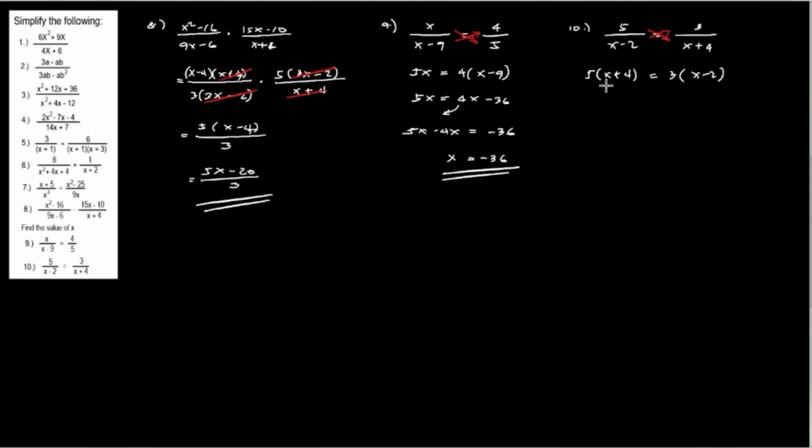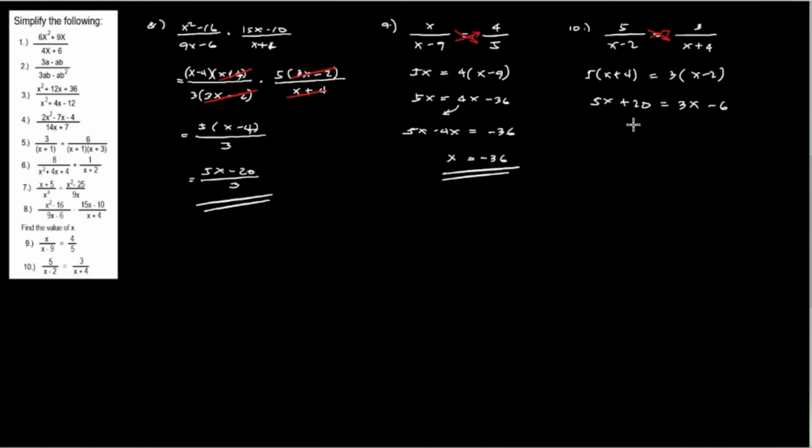And simplify. So 5 times x, or 5x, 5 times positive 4 is 20, is equal to 3 times x, or 3x, 3 times negative 2, or negative 6.